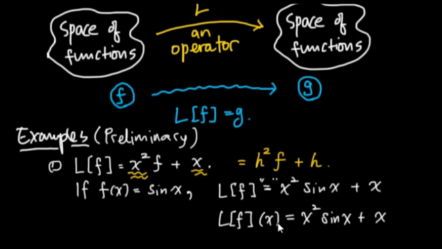So this would be a better notation, but it is kind of bulky and confusing. Once you understand what this really means, we're going to abuse the notation so that we just use this one, L bracket F. It means the function whose values are computed by this formula, x squared times sine x plus x, which is a number.